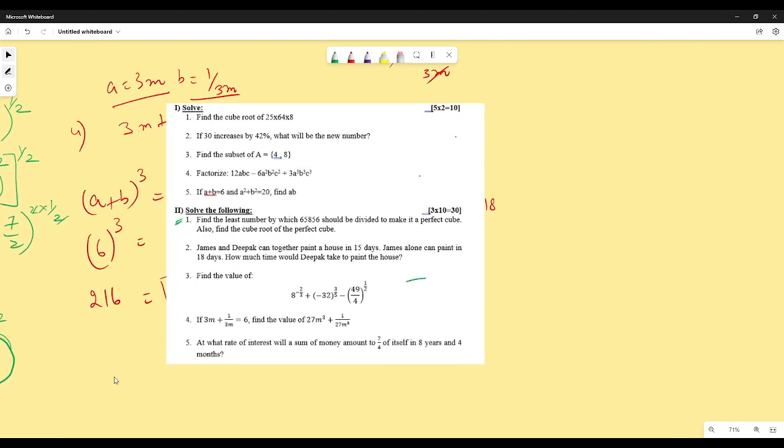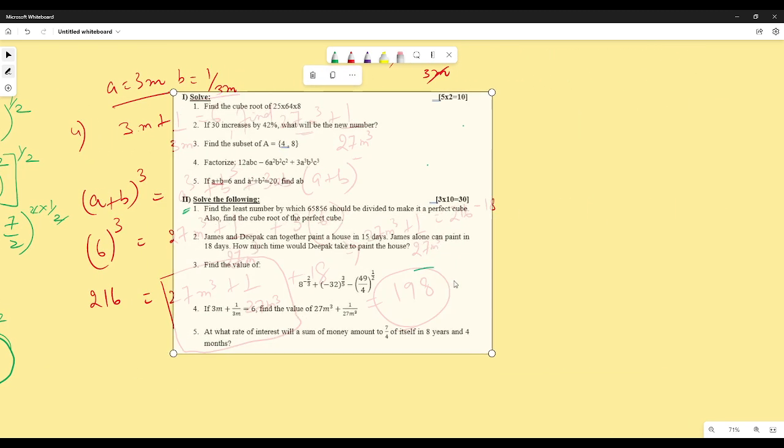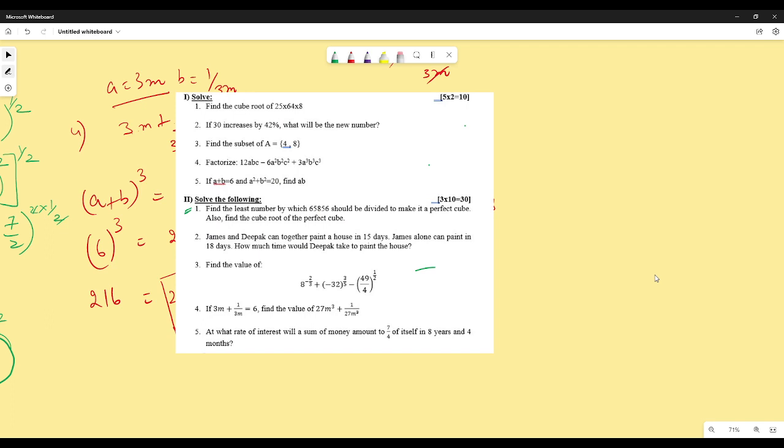Okay, let us move further on to the next question. At what rate of interest will a sum of money amount to 7/4 of itself in 8 years and 4 months? So now this is a simple interest question. What you are supposed to find out over here is the rate, right?